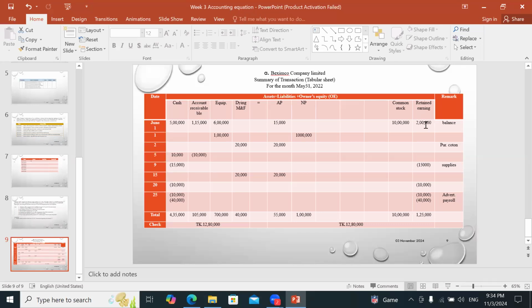Common stock means pure, general capital, and retained earning is also capital but related to ownership. Retained earning means a portion of profit is kept separately. So ultimately it is a portion of capital, but it is sometimes kept separately, not for a long time, for a short time.